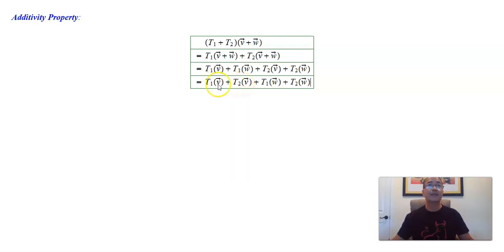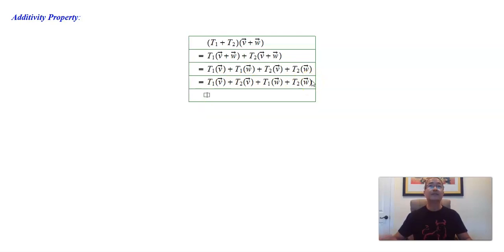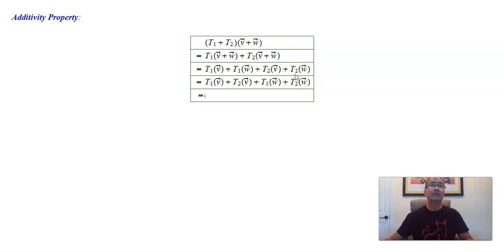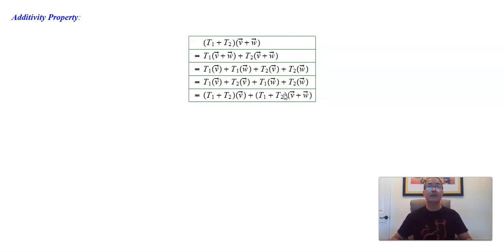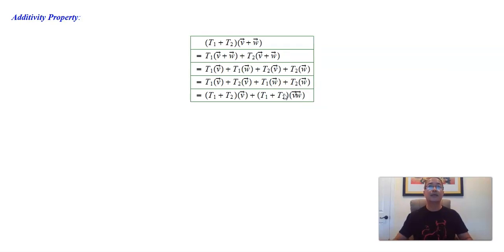This is also the same as T1 plus T2 evaluated at V. So let me just copy this one over here, and I will just erase the plus W over there. But we also have T1 of W plus T2 of W. Same idea. That is simply T1 plus T2, this time evaluated at W.